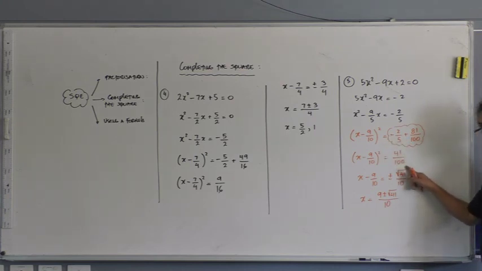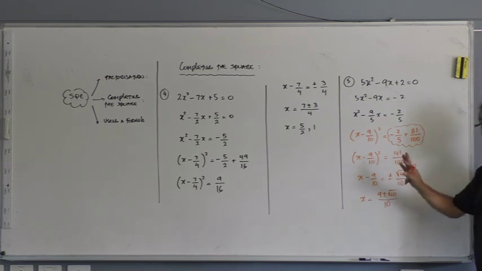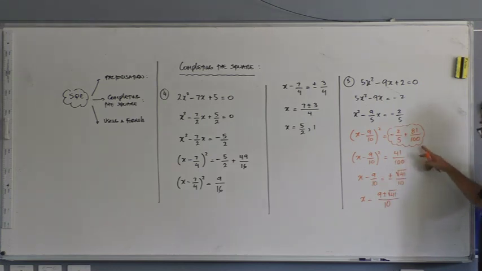Because you just multiply negative 2 over 5 by 20, which will give you negative 40 over 100, and then you add the 81 over 100. Or just put it in your calculator: negative 2 over 5 plus 81 over 100.